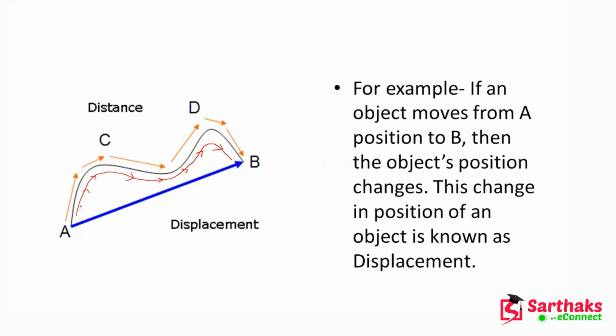So this path I am following. The distance is that if you are moving from point A to point B, how much length you have covered, right? But the displacement is from A to B.